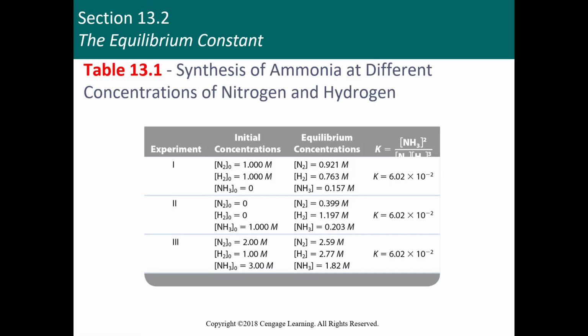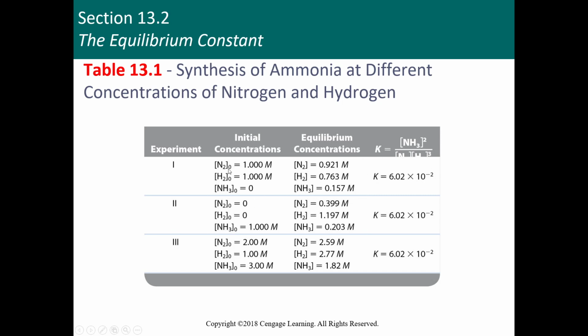All right, so this right here shows you the synthesis of ammonia at different concentrations of nitrogen and hydrogen. So right here you can see we start with nitrogen and hydrogen. And when we reach equilibrium right here, you'll see that it will make some ammonia. And this will again have this value of K equals 6.02 times 10 to the negative second, which is again its equilibrium constant.